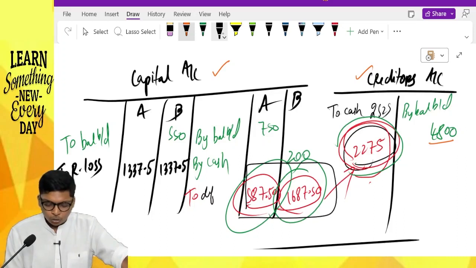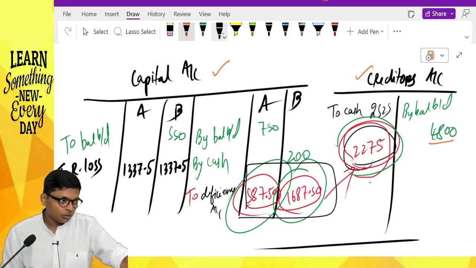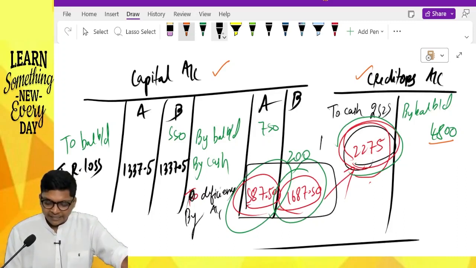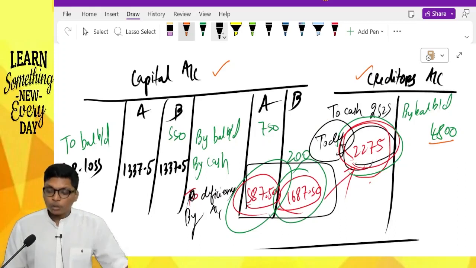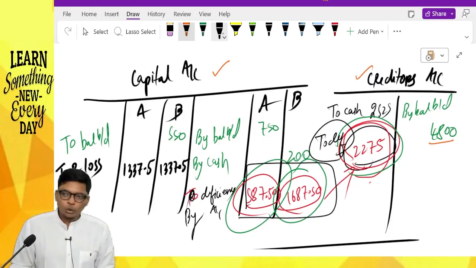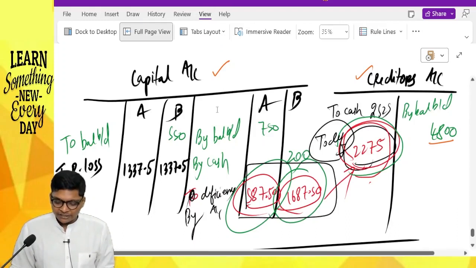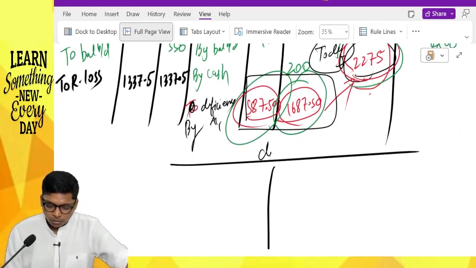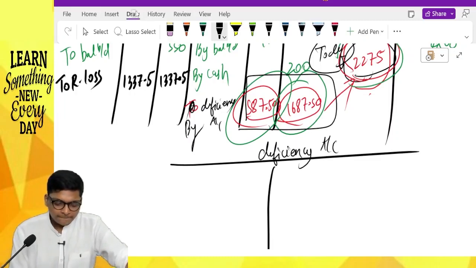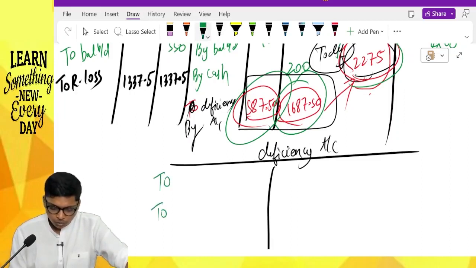So I'll write to deficiency account in capital account. Oh, sorry, by deficiency. Here I will write to deficiency, by deficiency, and I will open an account called deficiency account, and here I will write to creditors, correct?